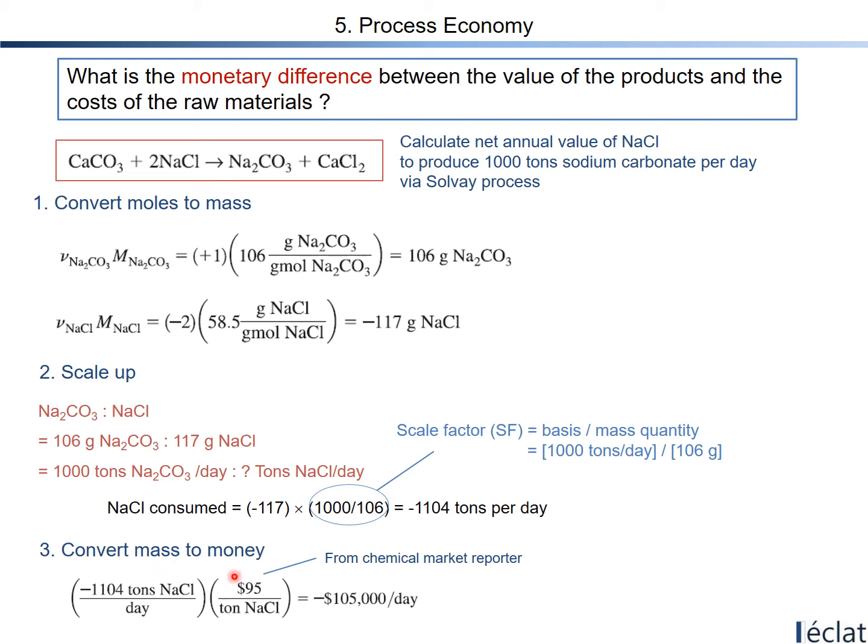Then the product of those two things, let me check the unit. Tons sodium chloride per tons sodium chloride. Then the remaining unit is dollars per day. And the value is about $100,000 per day is required for producing 1000 tons sodium carbonate per day.